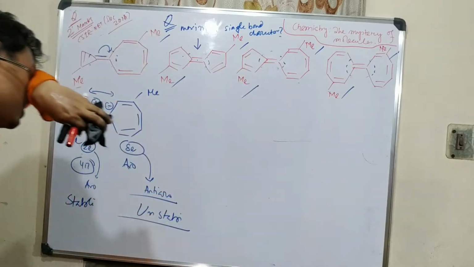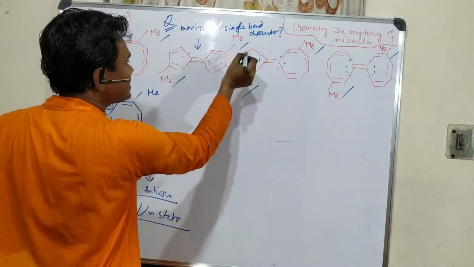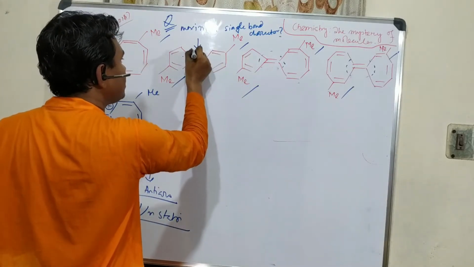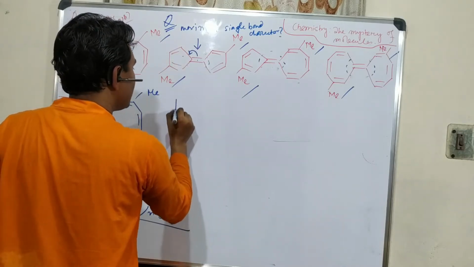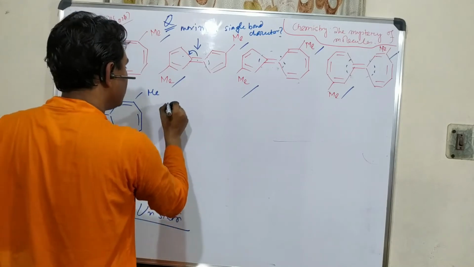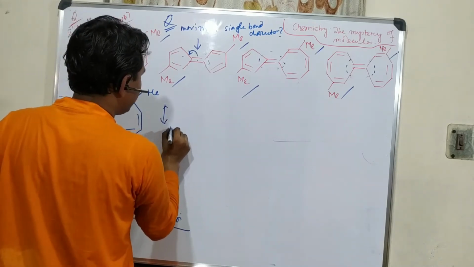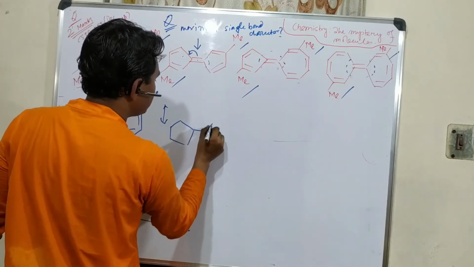I'll explain how the stabilization comes. Keep this in mind. If it is a symmetrical molecule, both sides are the same. So if it delocalizes in this way, the ultimate product, these are all canonical forms, will look like this.